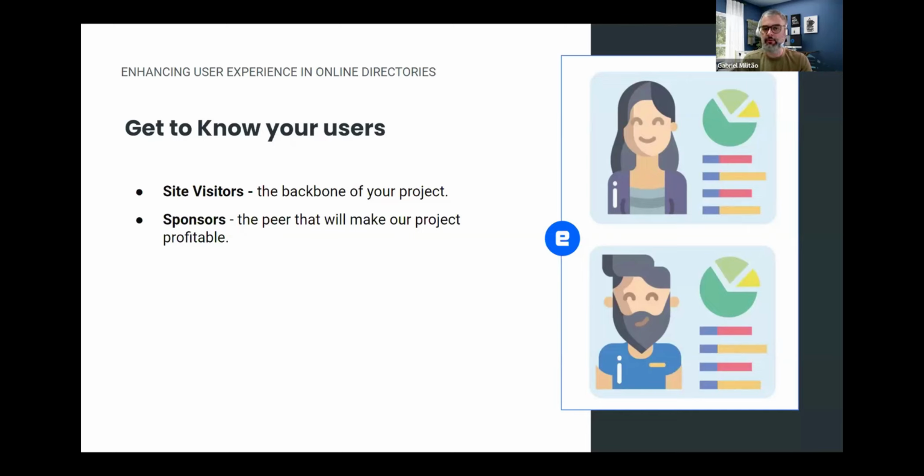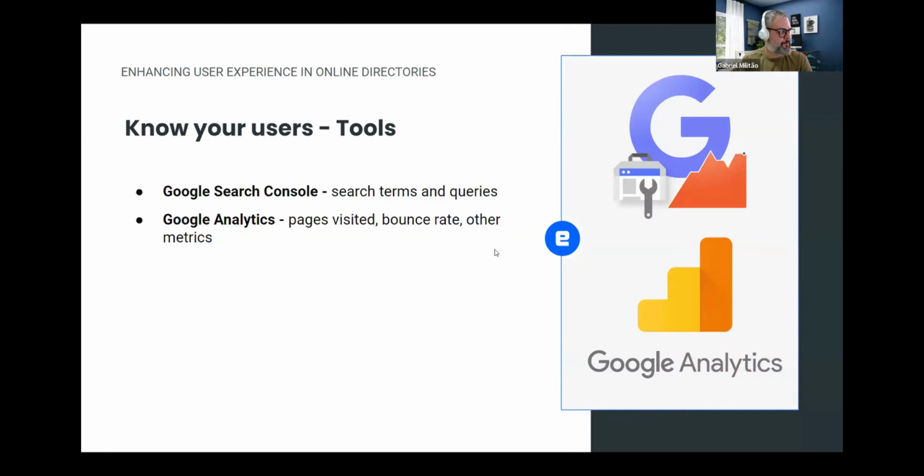These are people or business owners or service providers that actually pay to be listed on your online directory. So these are the two primary user target audiences that you have to think about when designing your project.